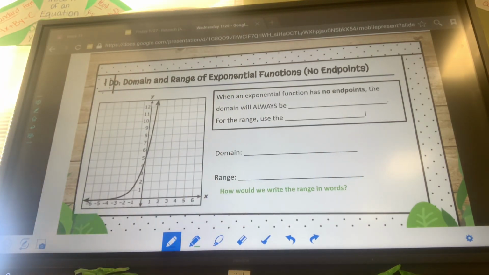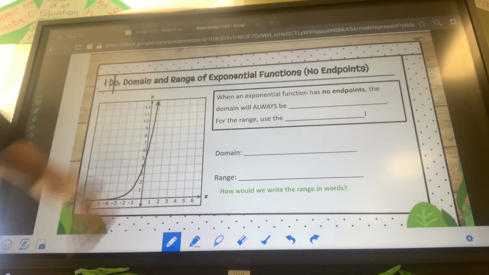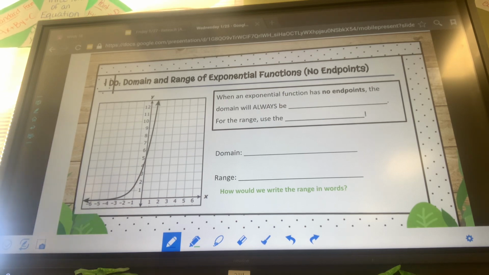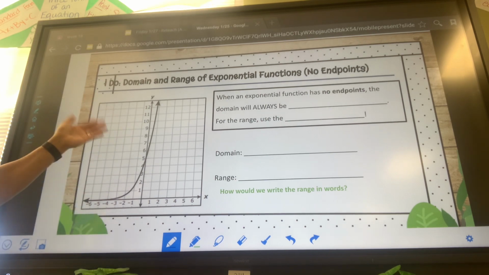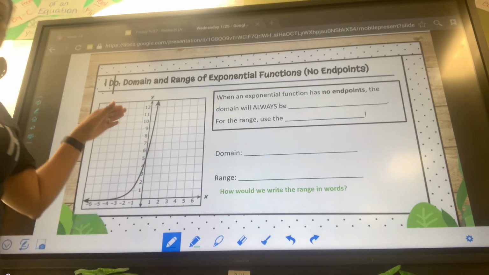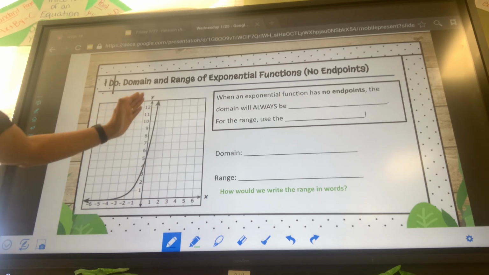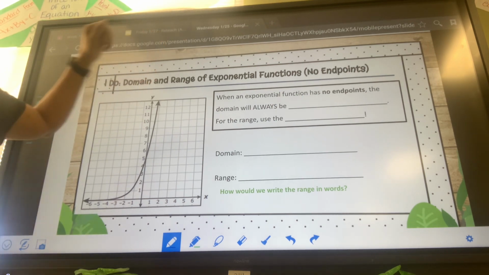So notice on this graph, we have an arrow here and an arrow here, which means it's going to keep going here and keep going here. Okay? So that means for a domain, because it's going to keep going to the left, and even though it's a slight slant, it's still slanted. So it's going to gradually keep going to the right as we go up. Okay?